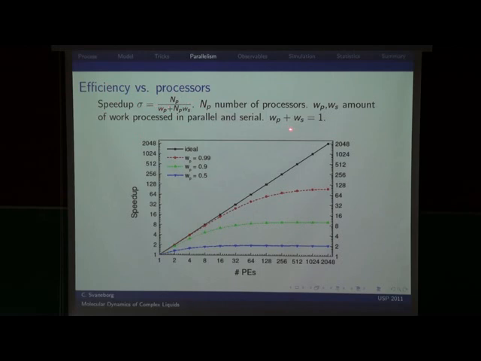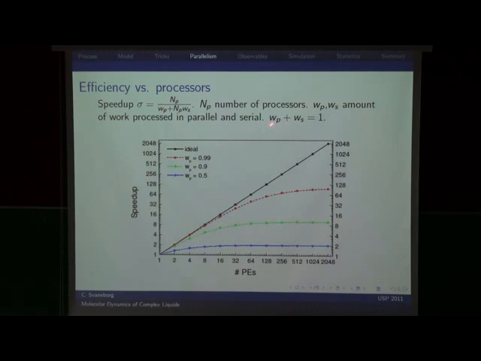So if you have a job that is 100% serial, it means the WP will be 0. And what you can see is that the speed up of running such a job on P processors is going to be 1 divided by the fraction that can be run in serial.